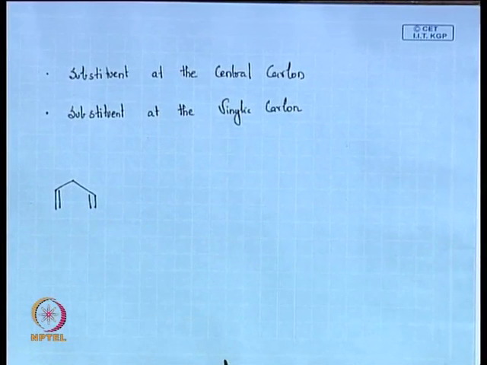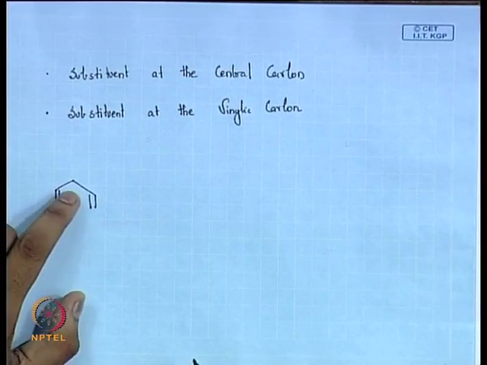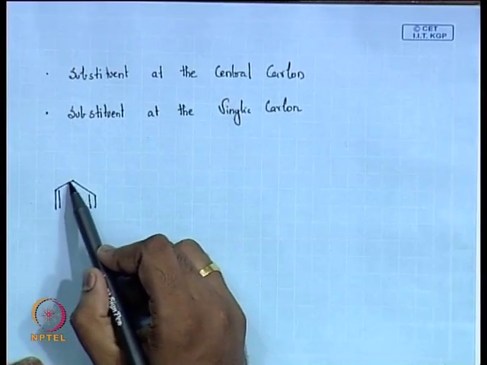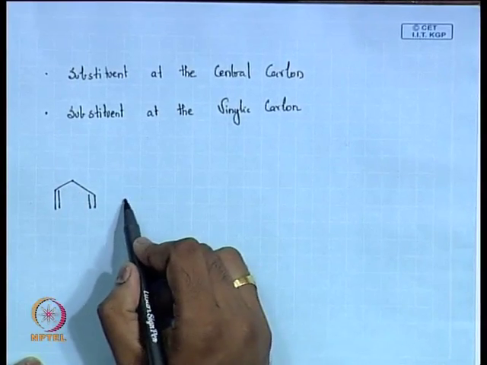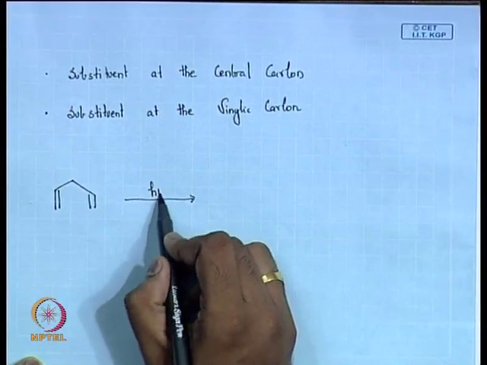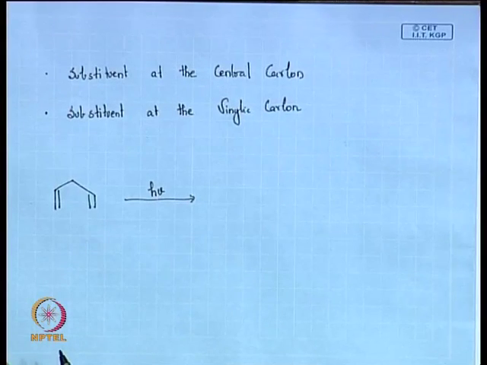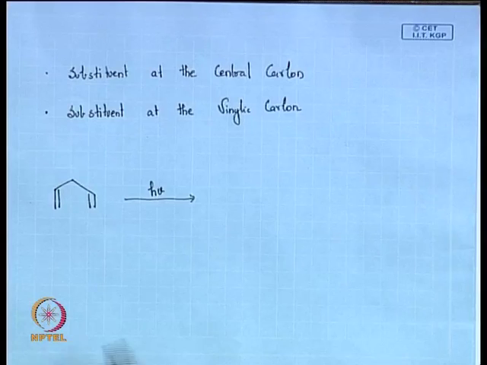See, I am taking a non-conjugated diene. Here my central carbon is not substituted, it is just two hydrogens. If you photolyze in the presence of a sensitizer, what do you expect? You should go by triplet radical chemistry.